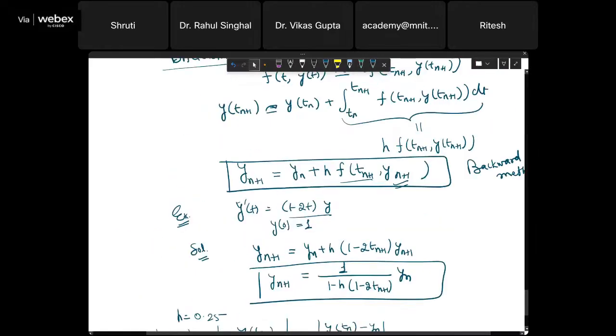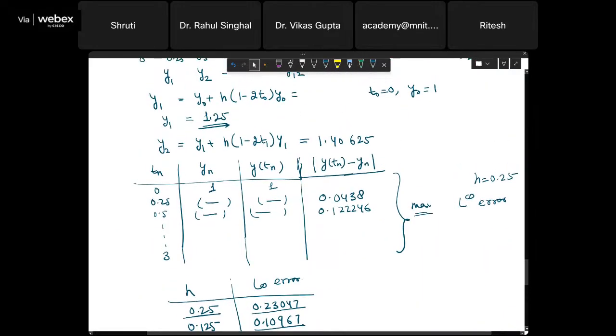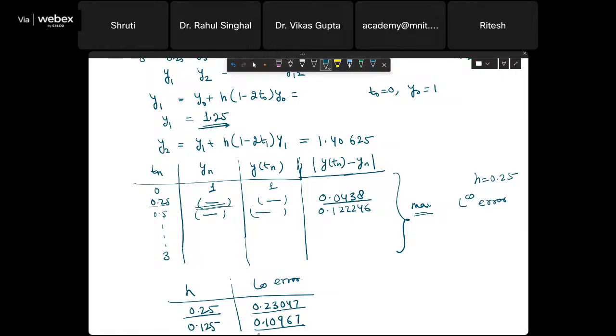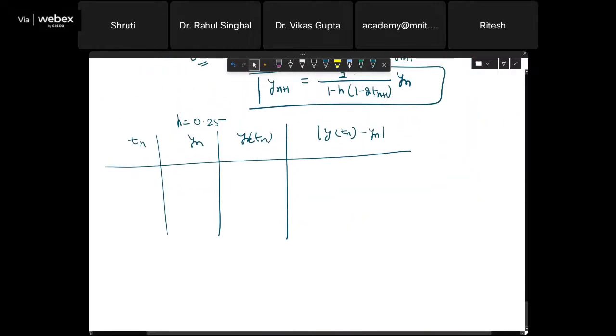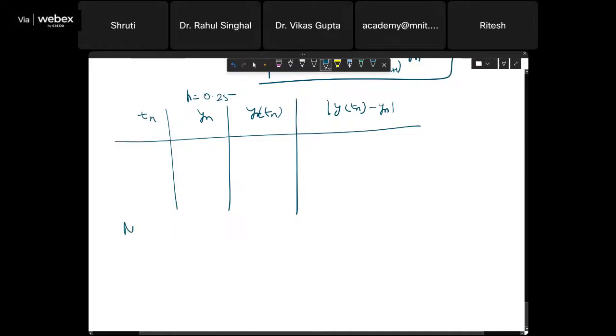For example, here at 0.25, we are getting 0.00438 as the error with the Euler method. And when you use the backward Euler method, you will see that it is almost similar, something like 0.0042 or so. Okay, so let me not write down everything here. Just as a note, you can put that there is a slight improvement.